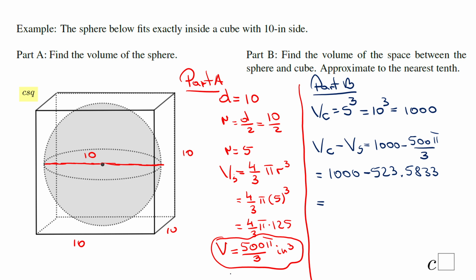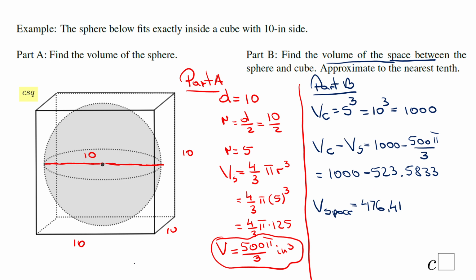And now we have to do the last part, and we have the answer. The volume of space between, let me call it like that, is 476.41.